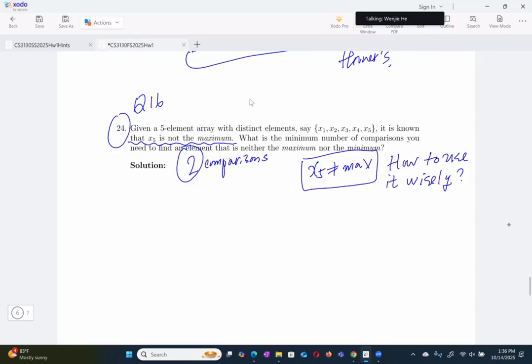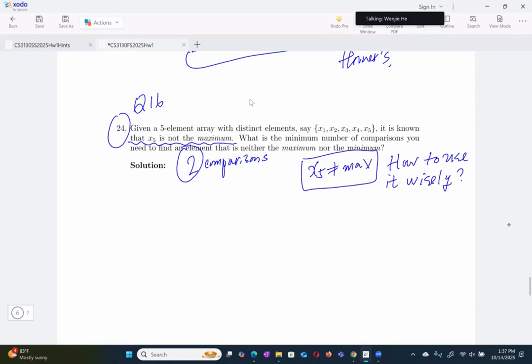You do comparisons on other unknown elements. After that, you collect information, right? When you have more information, you use your precious condition. Then you can get the most out of your given condition. But if you have nothing and then you use it, you cannot get the most out of it.